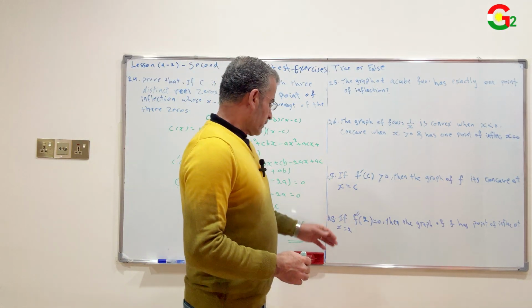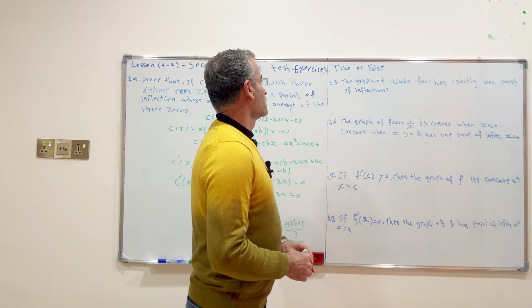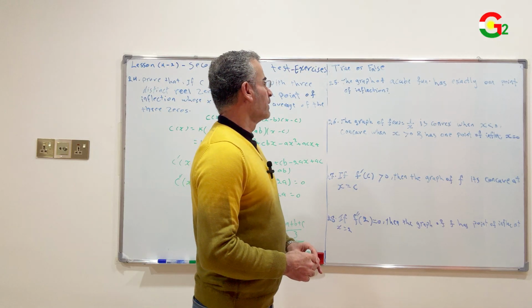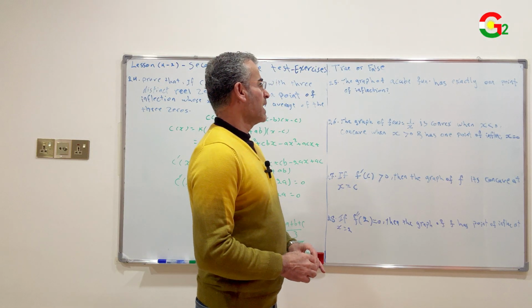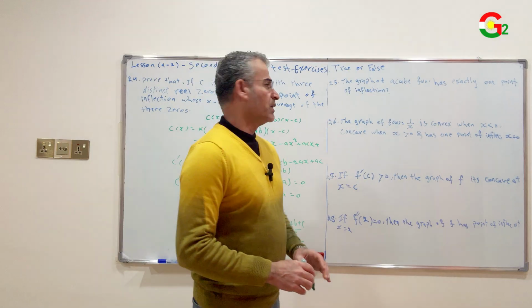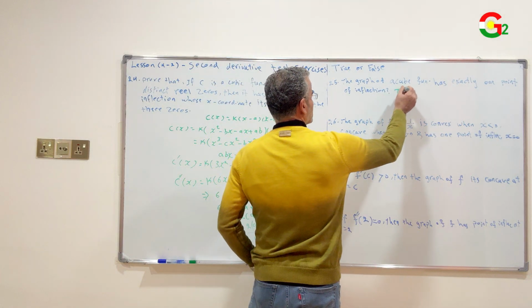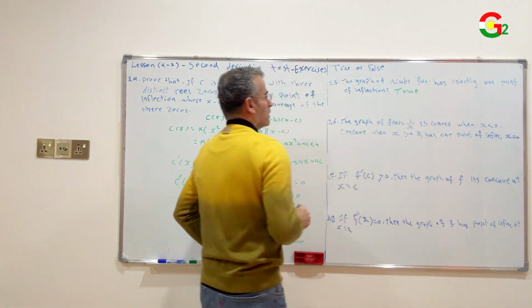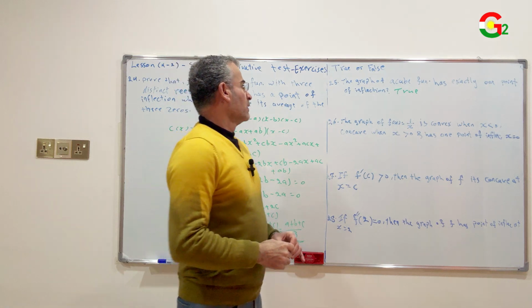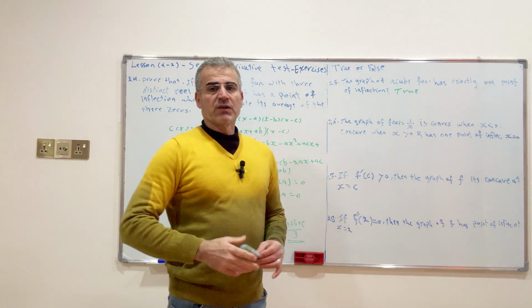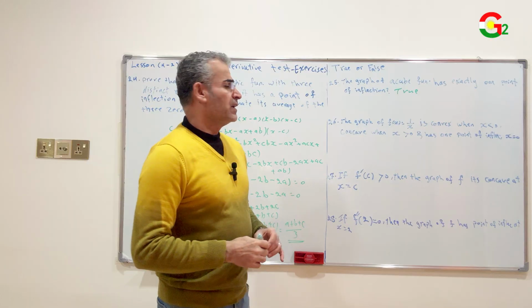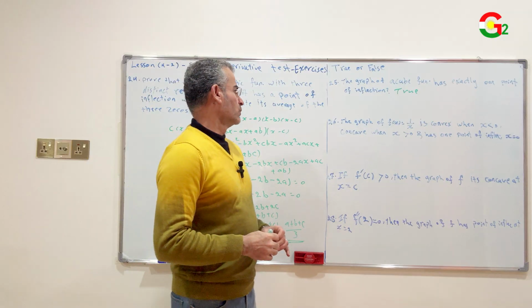Question number 25 to 28, true or false? The graph of a cubic function has exactly one point of inflection. This statement is true because the second derivative of the cubic function is a linear function, and a linear function has one root.